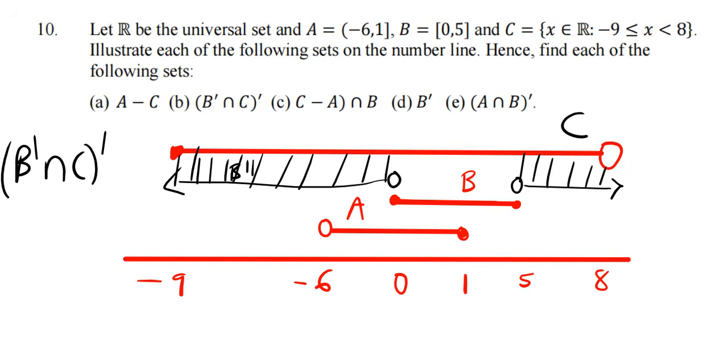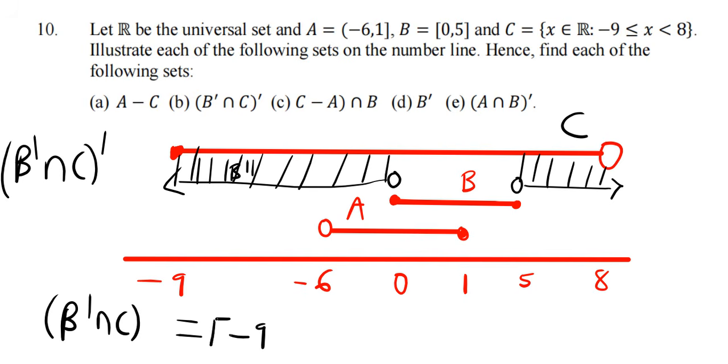So the intersection between the two, you're able to see that it is from -9. -9 is part of C, and -9 is also part of B complement. We haven't put the complement first, we're going to put it at the end. So the intersection, we're able to see that it starts at -9.